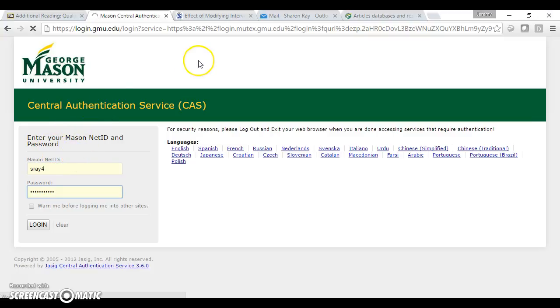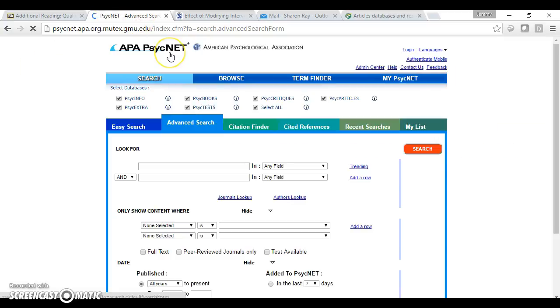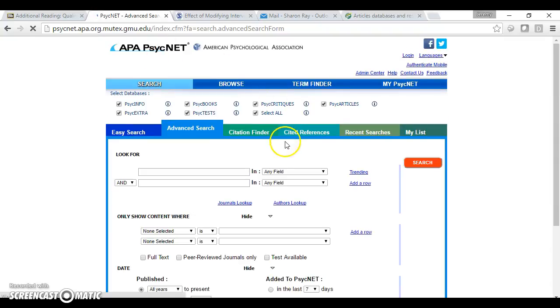So a good database to do a descendant search through is PsycInfo. In PsycInfo, if you want to find articles that cited your target article, there's a certain thing you would click. So as soon as it boots up here, I will show you.